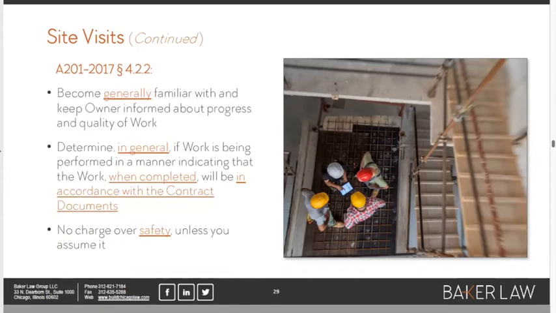Continuing on the subject of site visits, I think it's really important for you to see all this really loose language in here. What the architect is asked to do, because site visits by architects are not inspections. That's generally thought of as a dirty word, right? Because an inspection is you're looking under a microscope at every little bit of construction.